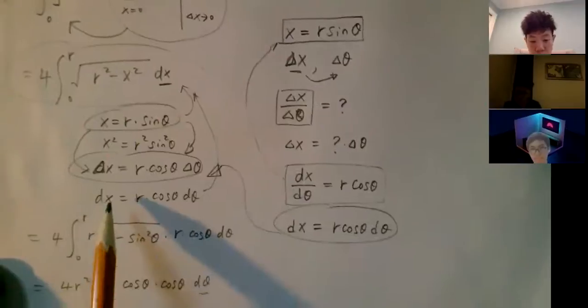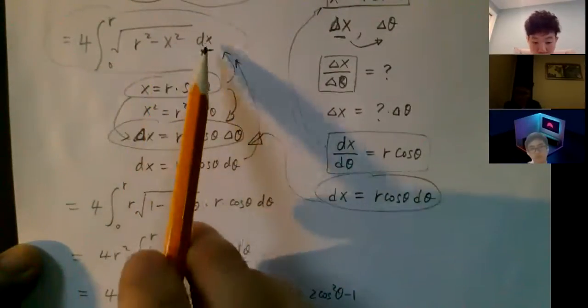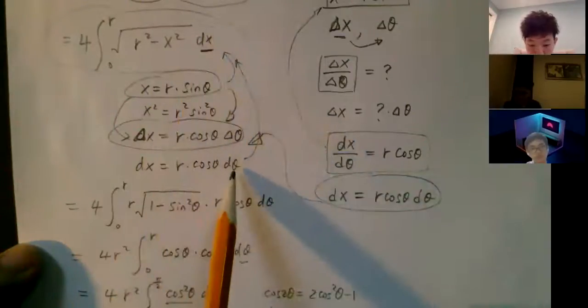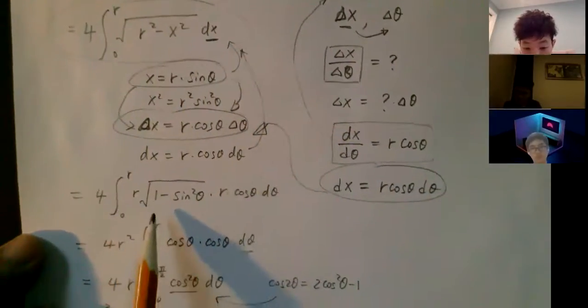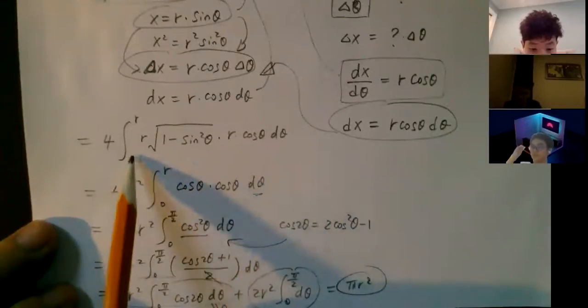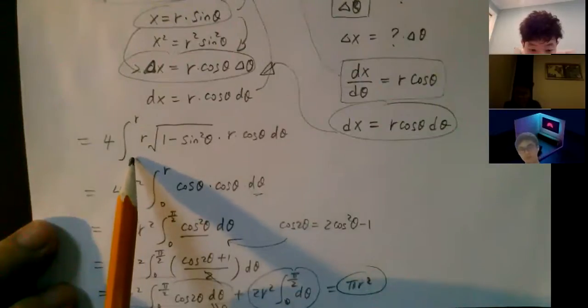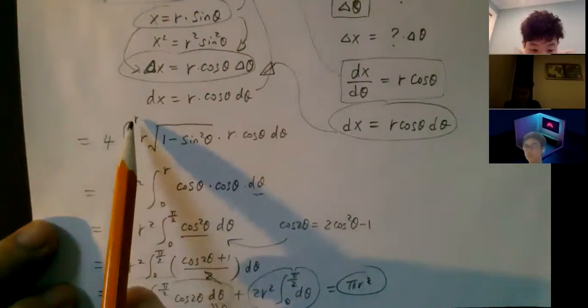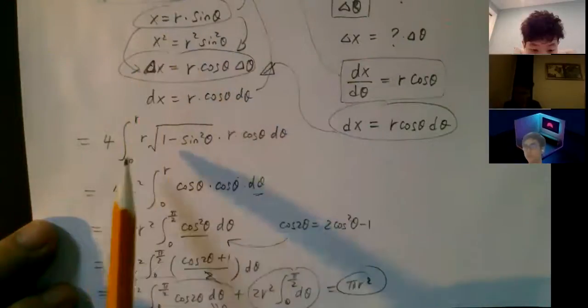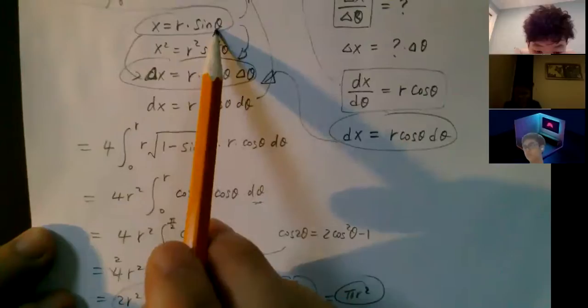So once we have everything here, we have how to convert x into theta, how to convert delta x into delta theta. So I put everything back and convert everything. Meanwhile, I also have to convert the limits, because here x equals 0 to x equals r. When x equals 0, I know theta equals 0.